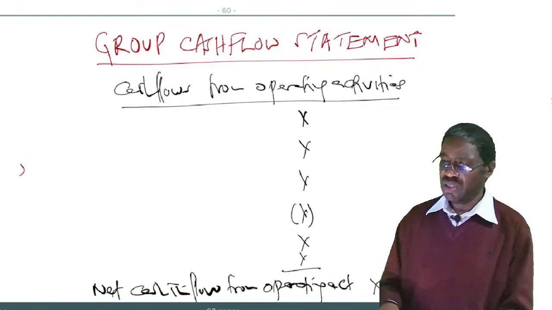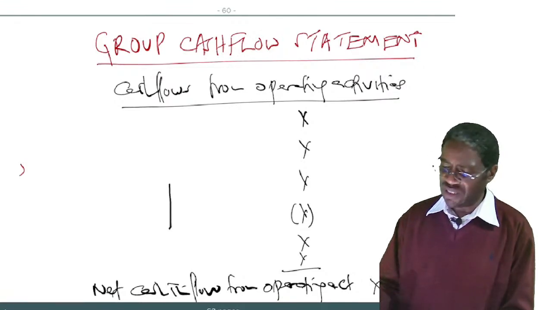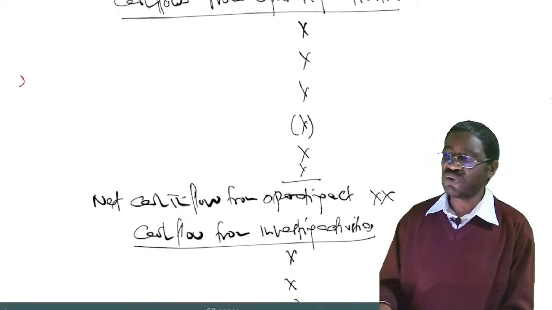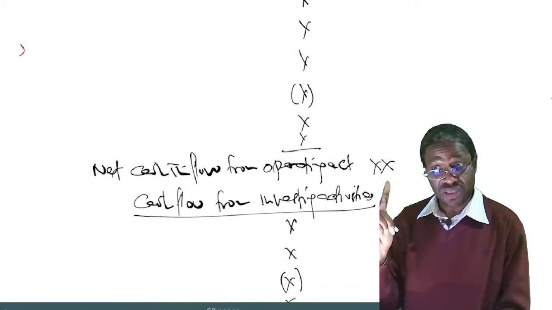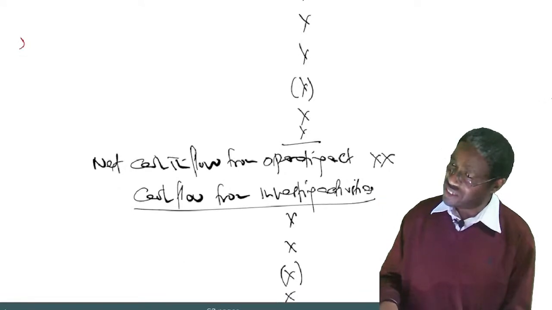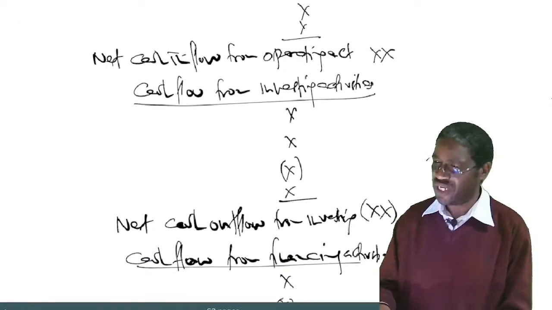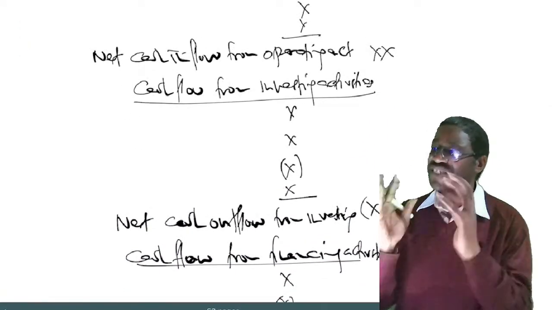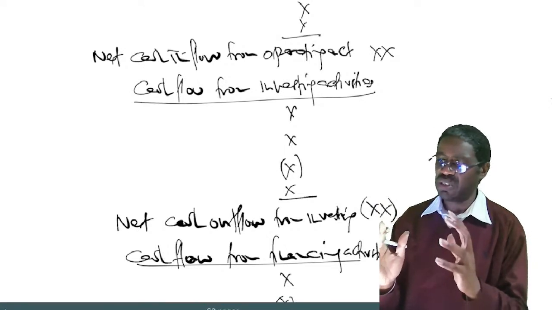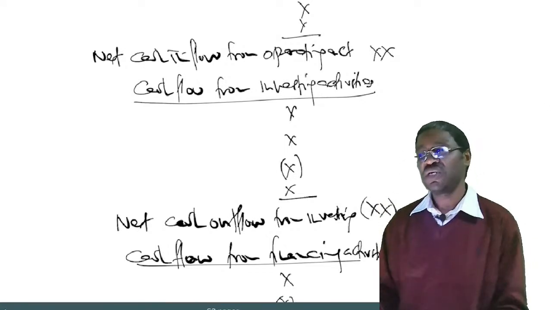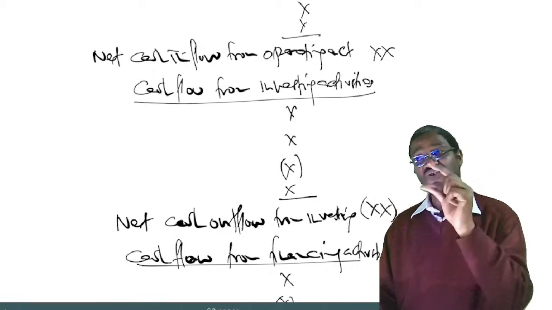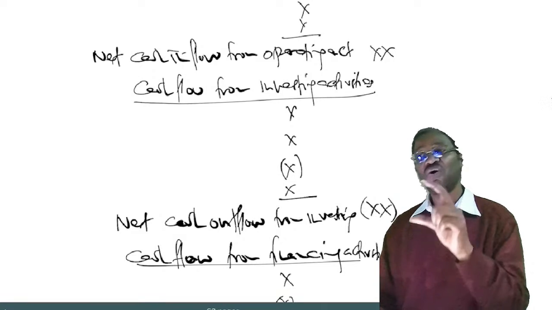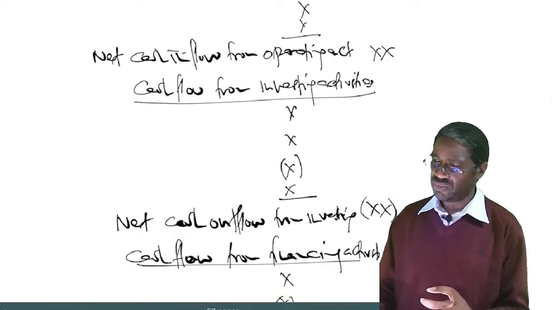Now, another key point: the presentation of cash flows from investing and financing is the same. That means it does not matter whether you are using the direct method or the indirect method.